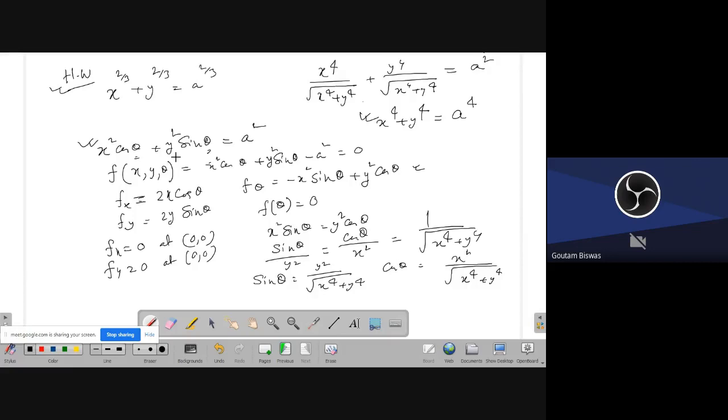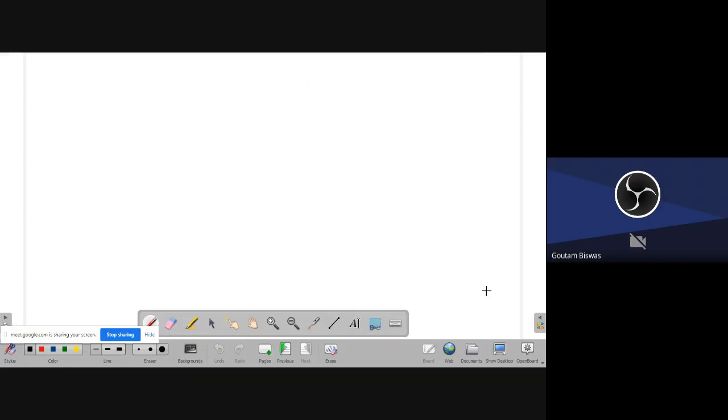So just write down the assignment now. Do it. Envelope, Assignment 1. Family of the curve, I am just writing down the family of the curve.